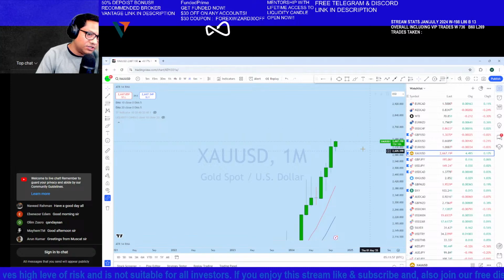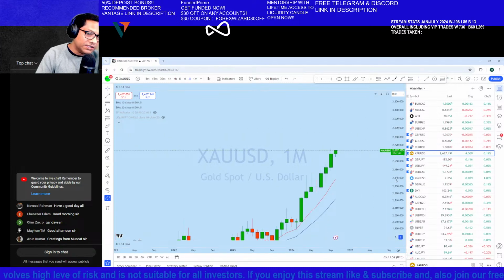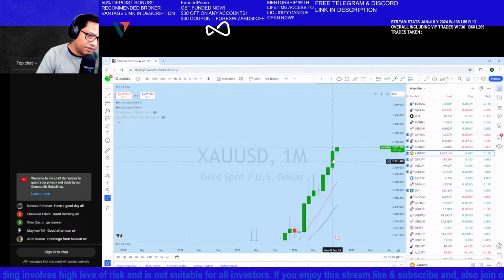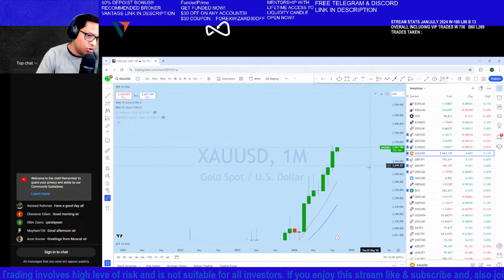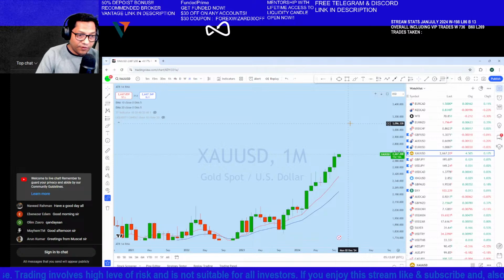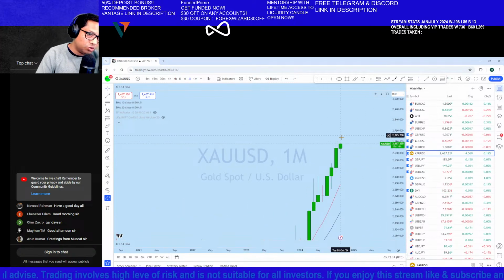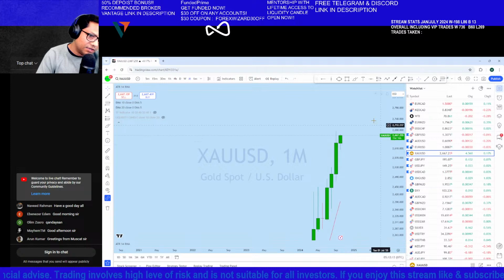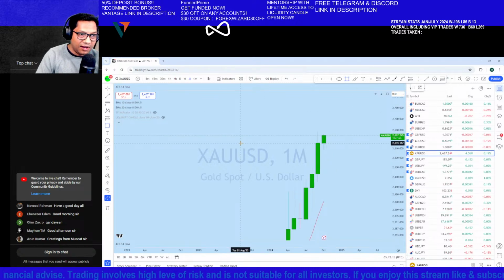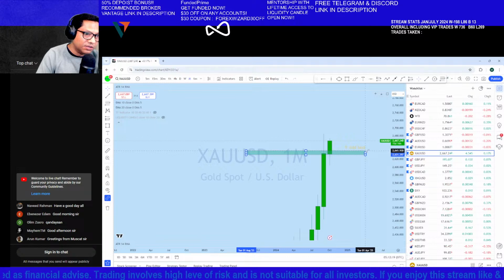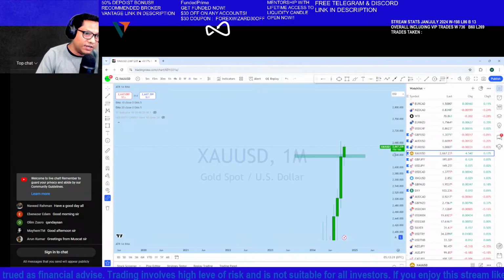Looking at the monthly chart, we can see that this is a bull market, and the previous month was also a bull candle. Though it is overextended, what is going up is likely to go up. So from the monthly, the market structure is highly bullish, and with that bull market structure we can see the market trending aggressively.